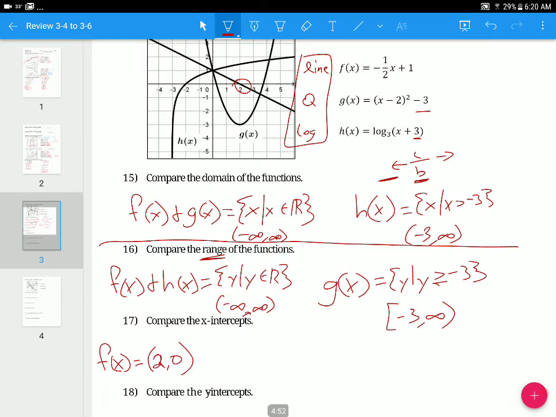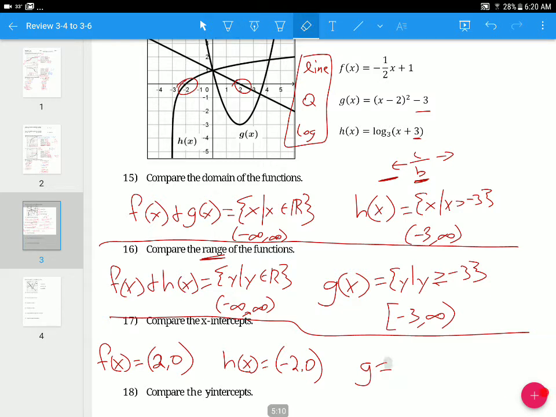H of x, that's the logarithm, is at negative 2, so negative 2 comma 0. And g of x has got two of them, and you're going to have to put them in your calculator to calculate them.